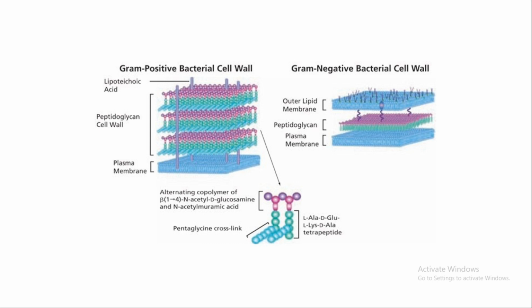In case of gram negative bacteria, the crystal violet goes in the peptidoglycan layer, but since the peptidoglycan layer is thin, when we wash it with ethanol or alcohol, the stain gets washed off, whereas in case of gram positive bacteria, it is difficult to wash the stain out of this thick peptidoglycan layer.